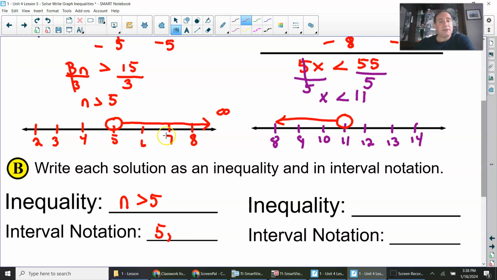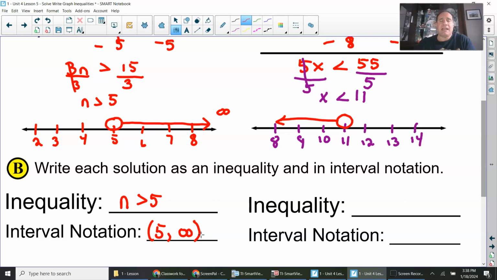You start at 5 and then go forever in the positive infinity direction. You have parentheses around each because it is not equal to 5. If it was or equal to 5, you would have a closed circle on the graph and you would have a bracket instead of a parenthesis.